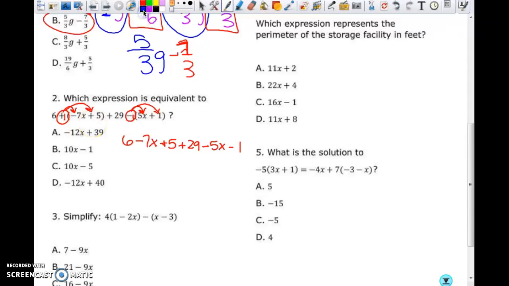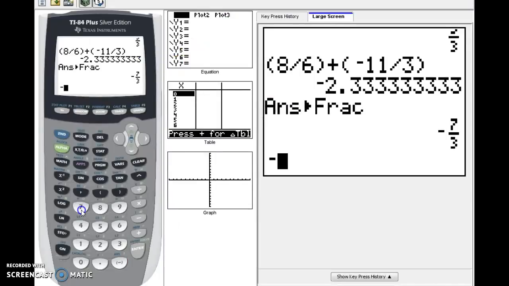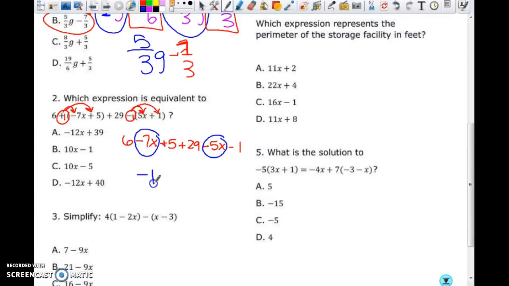So again, we're combining like terms. You can only add up the ones that are like terms. So I have negative 7 plus a negative 5. For those of you who can't do it in your head, negative 7, and we're adding a negative 5. That leaves us with negative 12x. Okay.